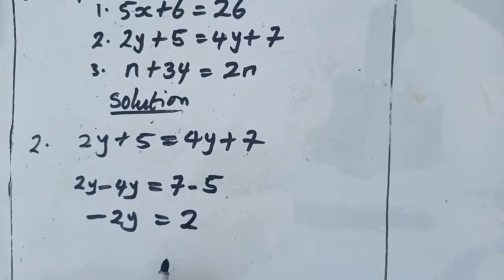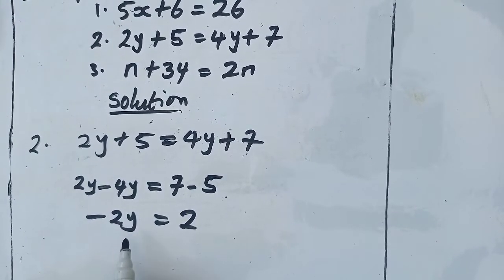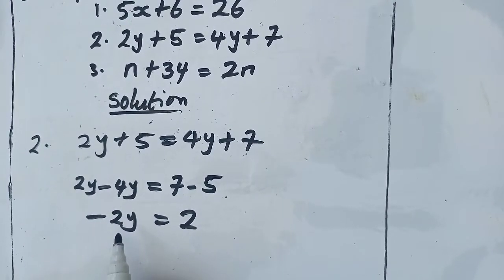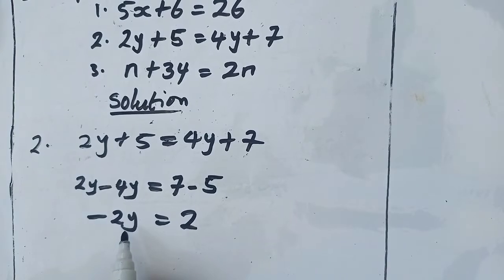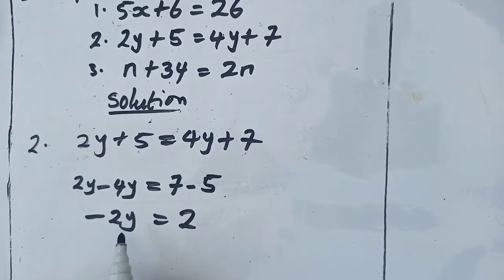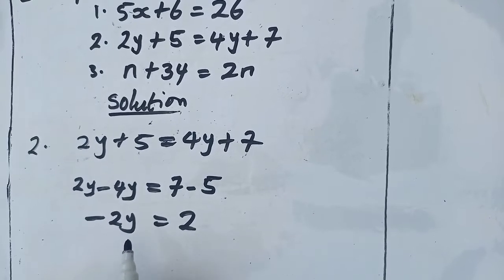So here, we are to look for the value of y. So for us to determine the value of y, there is need for us to divide both sides by minus 2. Because here, minus 2 is just the coefficient of y. And for us to get the value of y, we have to divide all through by the coefficient of y.